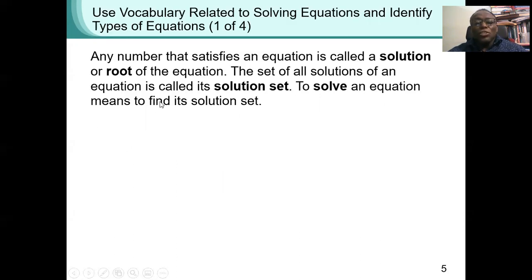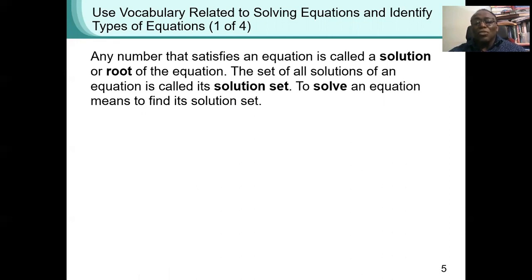Here we have a definition saying that any number that satisfies an equation is called a solution or root of the equation. And again, we're going to solve an example and explain what we mean by that. So a set of all solutions of an equation is called a solution set. So to solve an equation means to find a solution set.